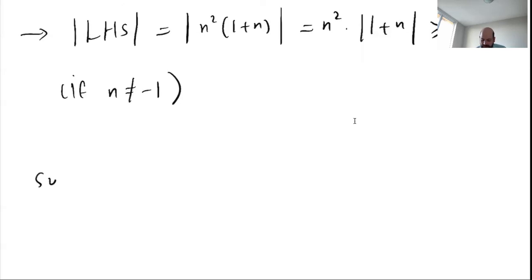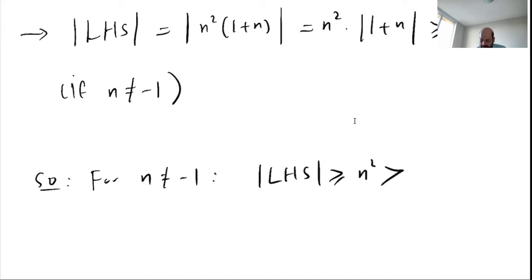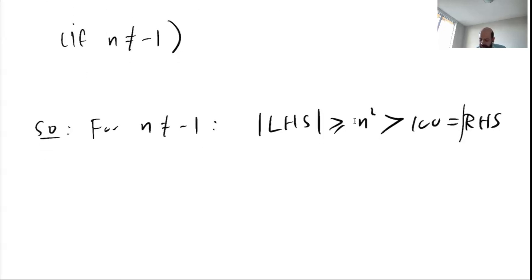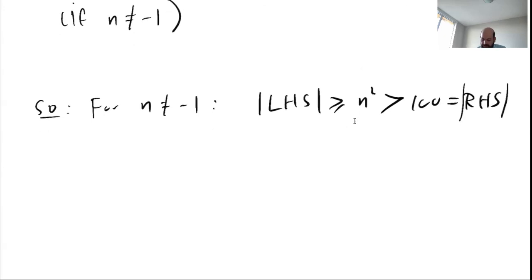For n not equal to minus 1, the absolute value of the left-hand side is bigger than or equal to n squared, which is bigger than 100, which is the right-hand side. Right? Or the absolute value of the right-hand side.